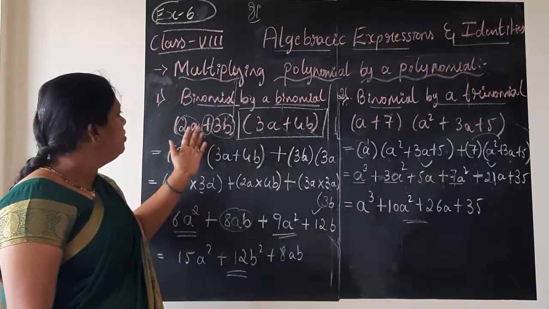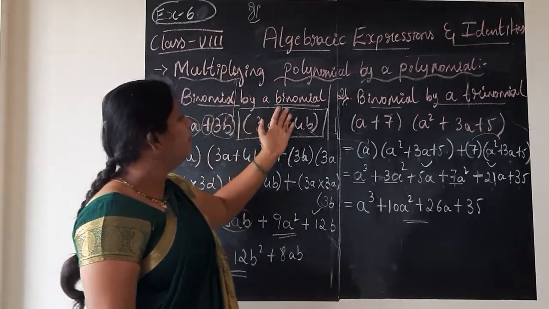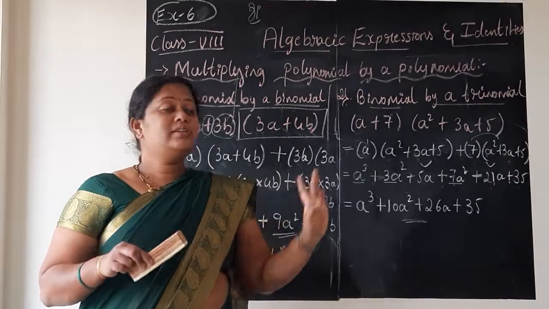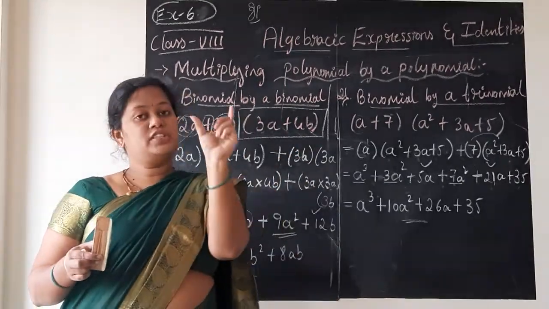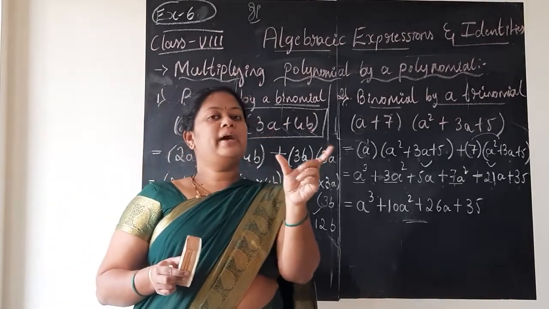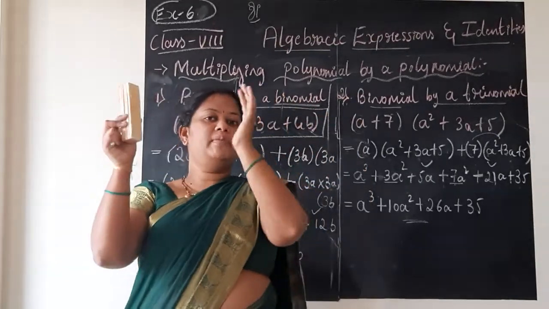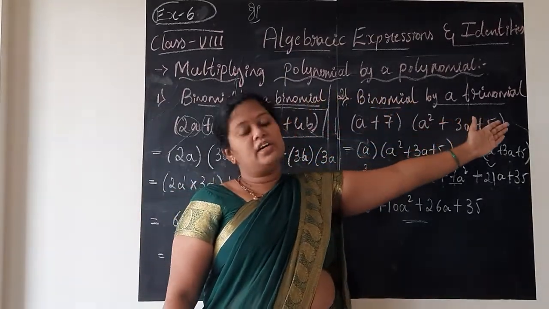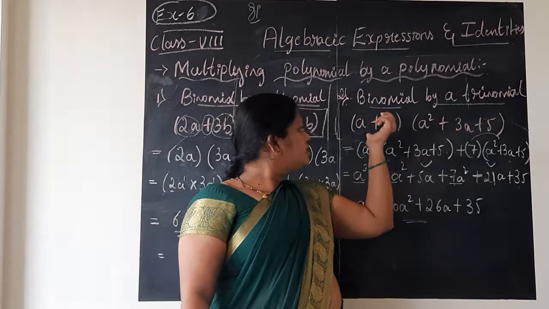So this is about multiplication of binomial by a binomial and binomial by a trinomial. In both cases, children, the first bracket binomial is same. So what we will do is split that binomial into two terms separately and multiply by any number of terms given. There may be 5 terms also in the bracket. Don't worry. Same method you do.